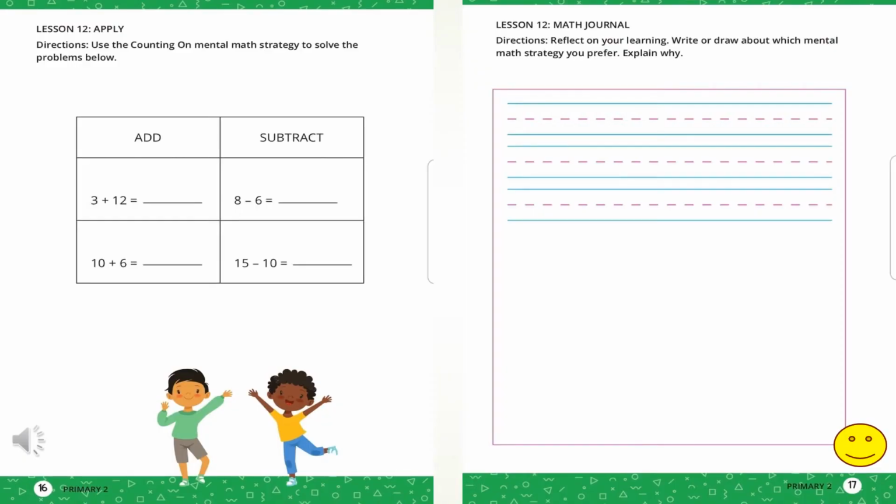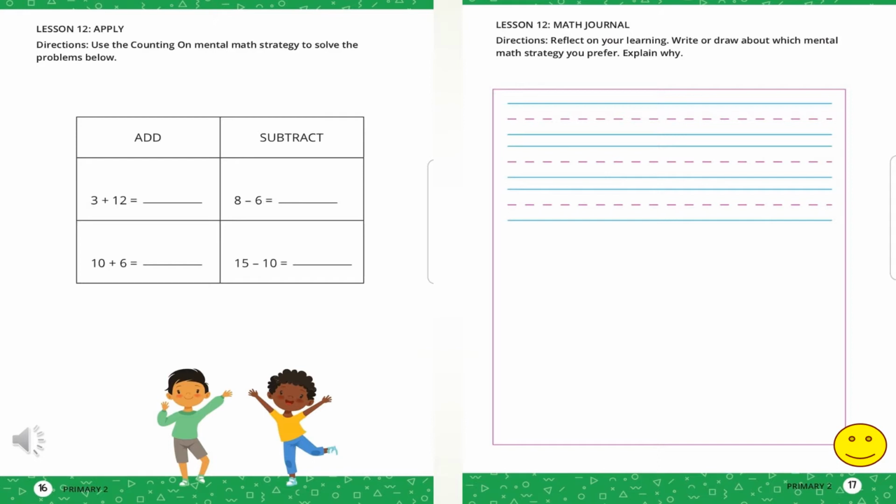Let's practice our counting strategy. Here we have two columns, one for add and one for subtract. Let's start with add. The first addition sentence, 3 plus 12 equals. First, before we start solving, 3 and 12 are called what?